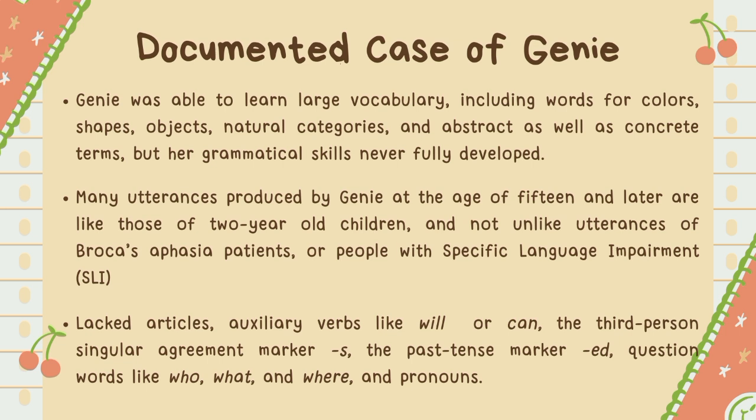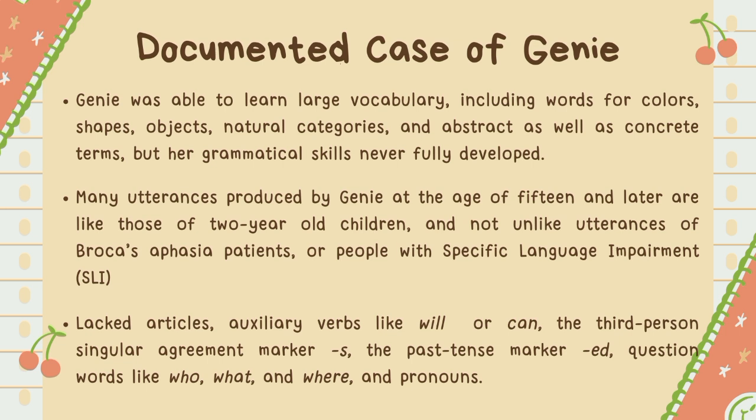However, despite her vocabulary growth, Genie's grammatical skills never fully developed. Many of her sentences, even at the age of 15, resembled those of a 2-year-old child. This indicates severe limitations in her syntactic and morphological development.